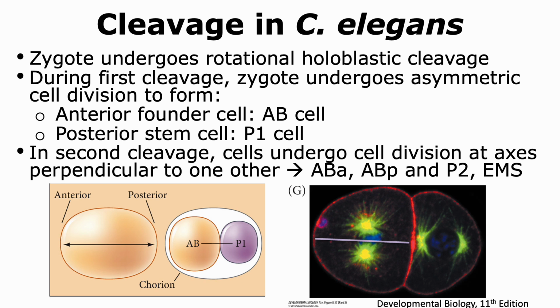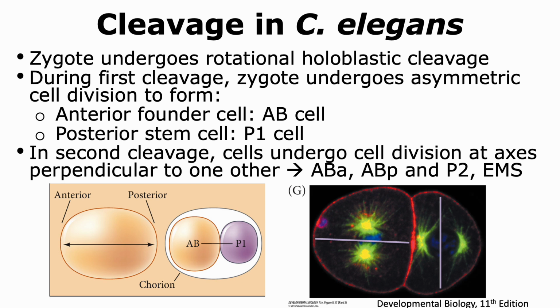If we find the similar plane of cell division occurring in the P1 cell, as you can see, that purple line is perpendicular to the purple line for the AB cell. Thus, since the axes are perpendicular to each other, there is a rotation in the axis of mitosis, and that is why it is called rotational cleavage.